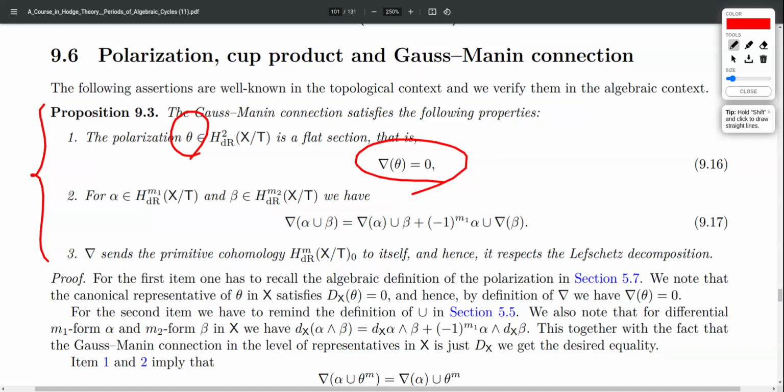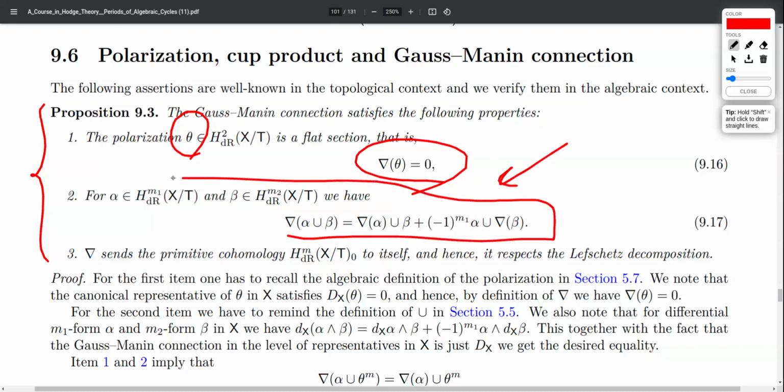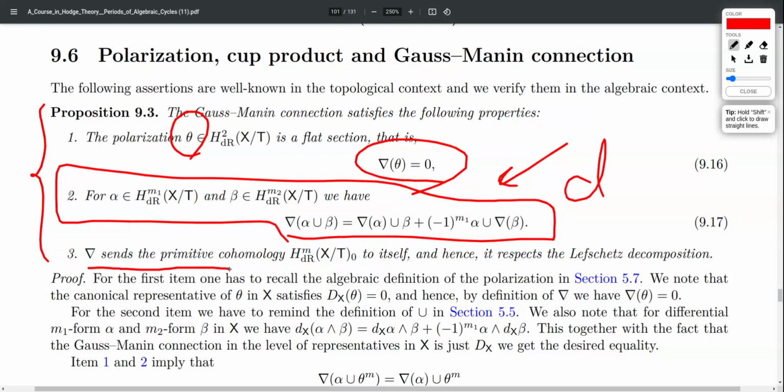And since we have defined the Gauss-Manin connection using the usual differential, it is natural to expect also this second property, which is derived from a similar property for the differential d, and also the fact that nabla sends the primitive cohomology to itself, and so it will respect the Lefschetz decomposition.